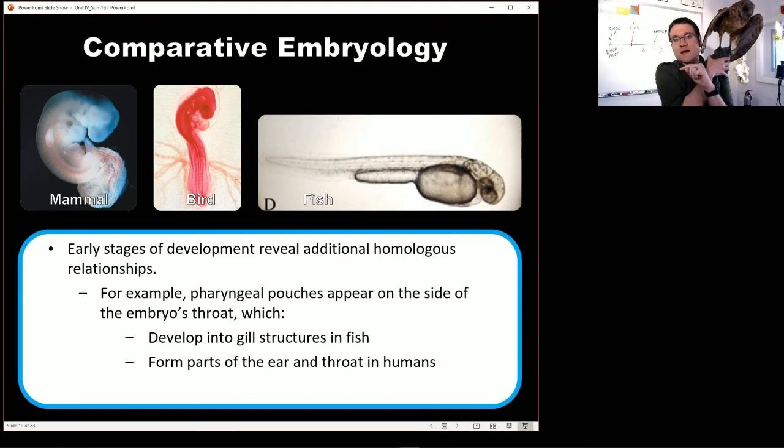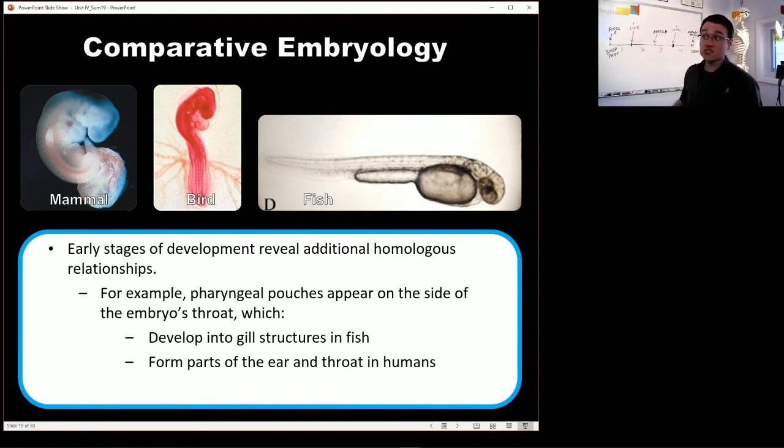What's the deal with that? Well, at a certain stage of development, an enzyme starts to break down that tail, that bony tail, and it's not seen in the adult organism. So this is an example of the value of comparative embryology. We would never have noticed that kind of long, bony, lizard-like tail in birds unless we had checked their embryos.